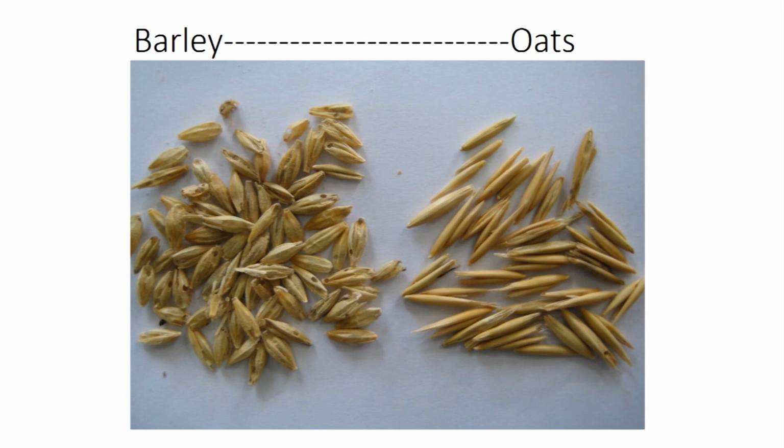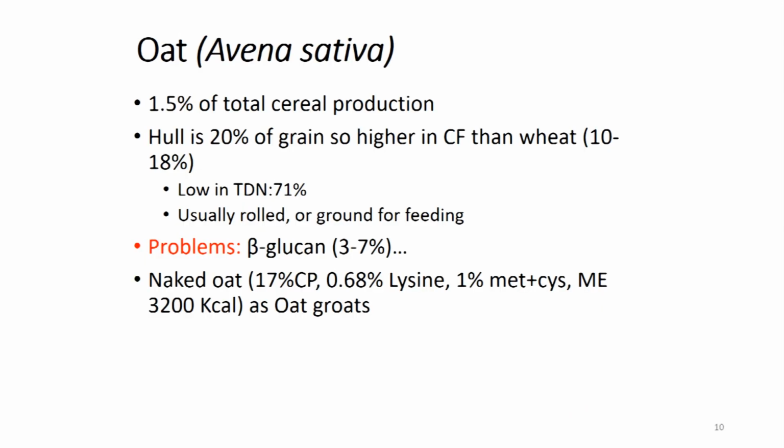It is large in length as compared to barley, and it is slim in the center as compared to the barley grain. Oat, or jai, its production is very small if we compare it with the other grains. It is only 1.5% of the total cereal production.